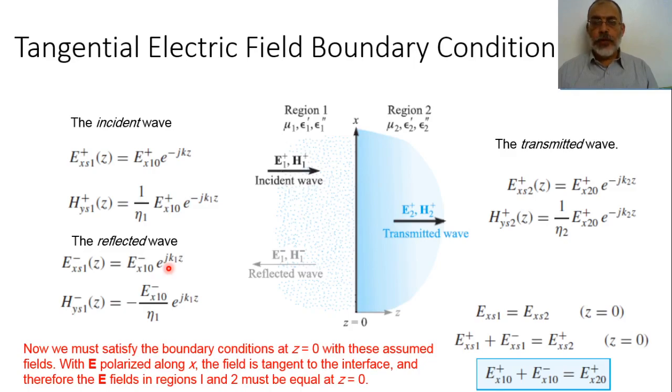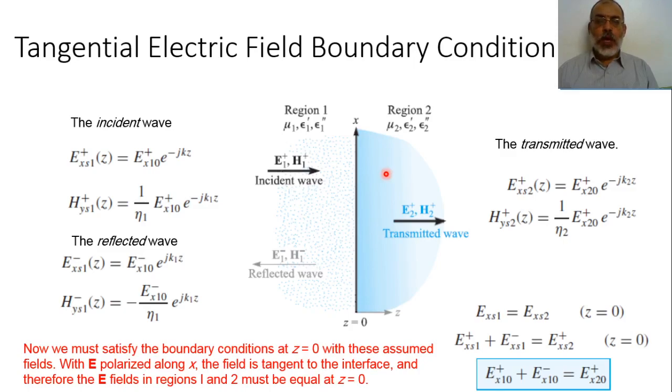For the boundary between two media, the electric field and the magnetic field are both tangential components to the interface, because the electric field is in x and the magnetic field is in y, and both of them are tangential to the interface between region 1 and region 2. So we are looking for the boundary conditions for the tangential components.